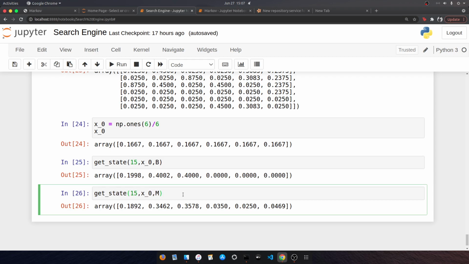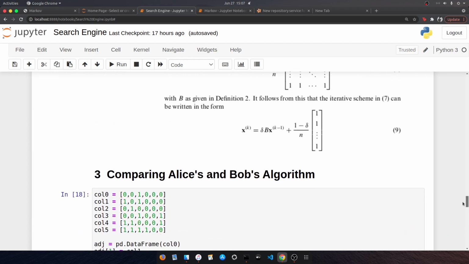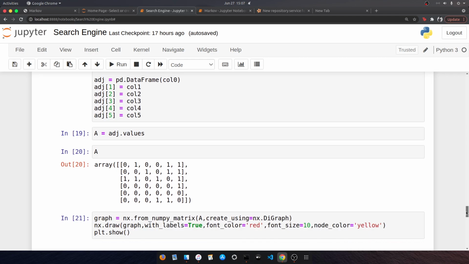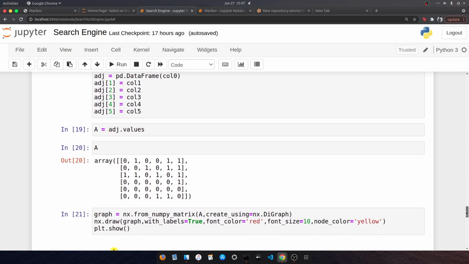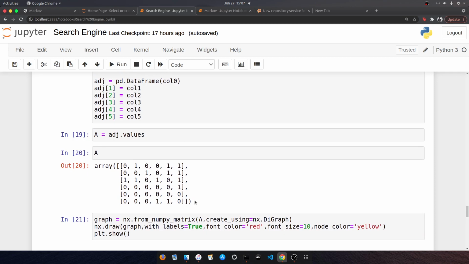To sum up this discussion, I wanted to highlight a quick summary of what we have discussed. The two algorithms go by this. If we use the Markov chain concept, first we have an adjacency matrix.